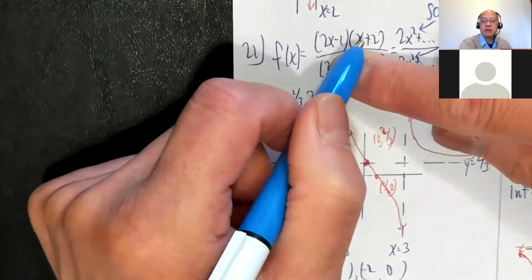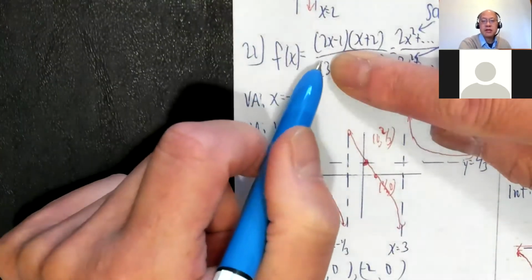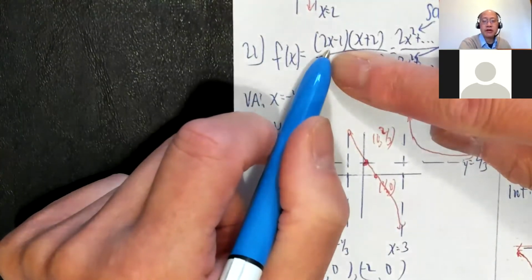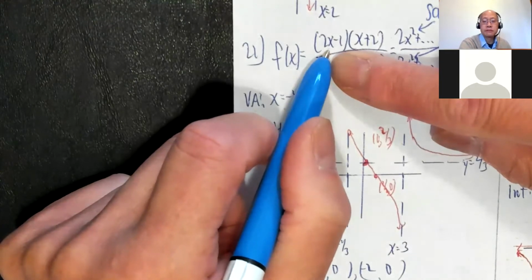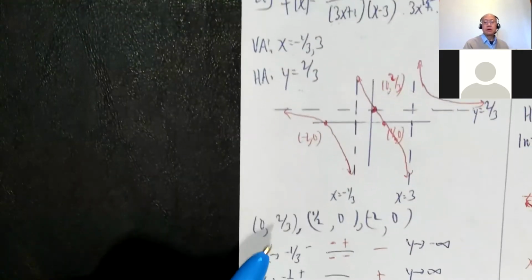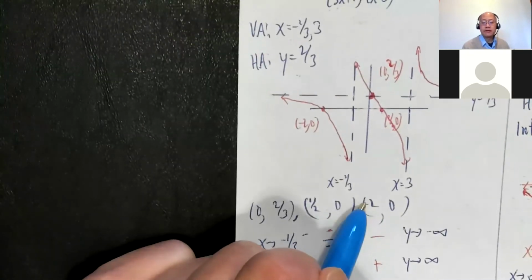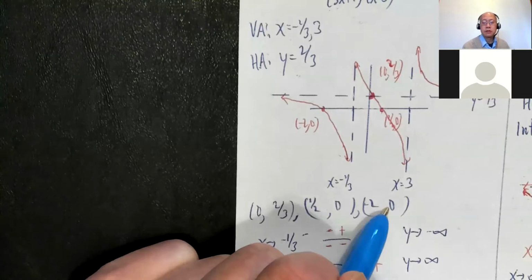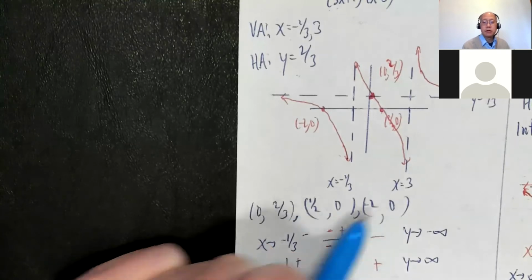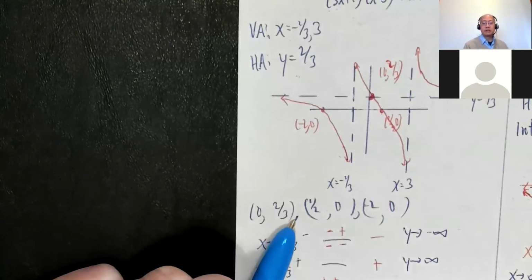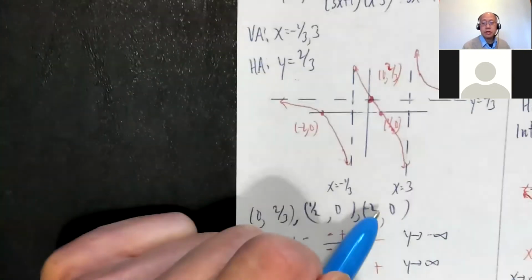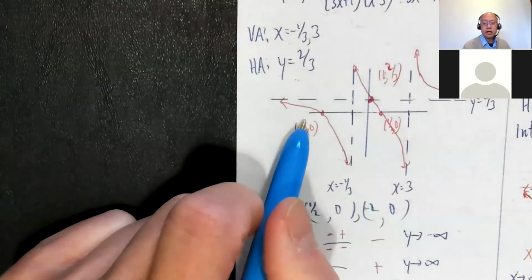So what number makes this 0? -2. For this one, do a little algebra and you can figure it out. It's going to be a half. So I have 1/2, 0 and -2, 0. All right, so these three are my intercepts: 0, 2/3; 1/2, 0; and -2, 0.